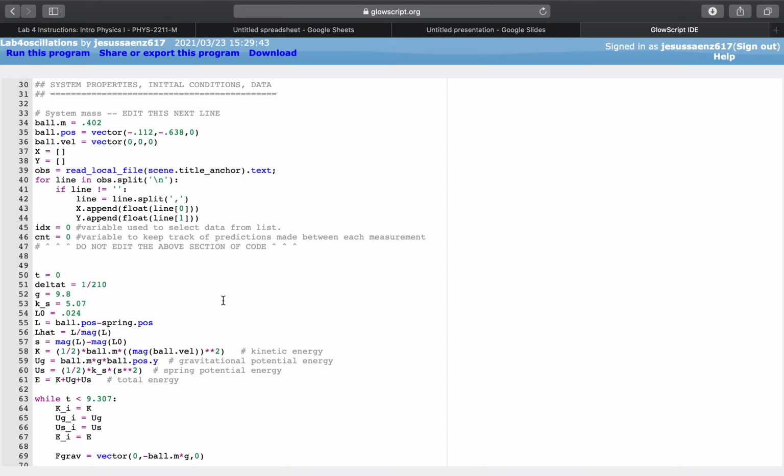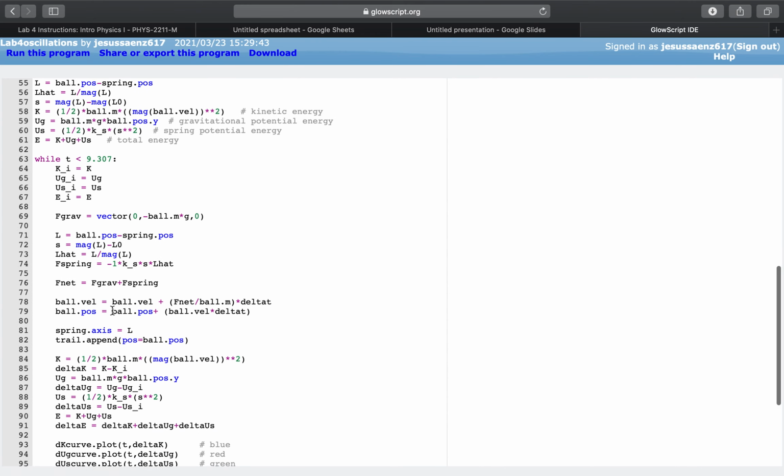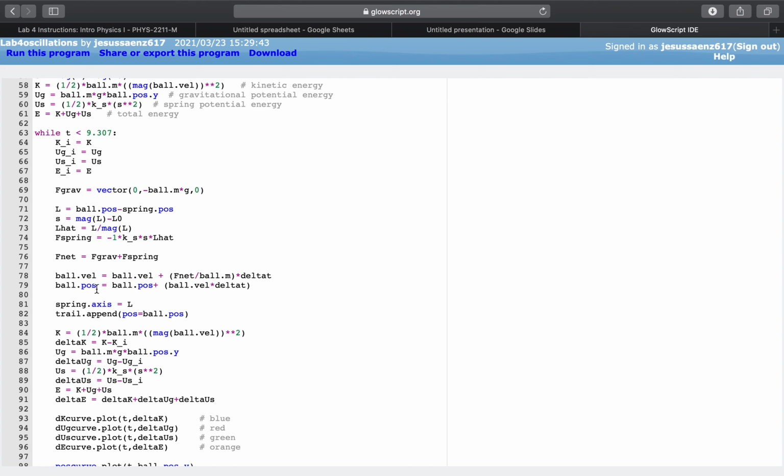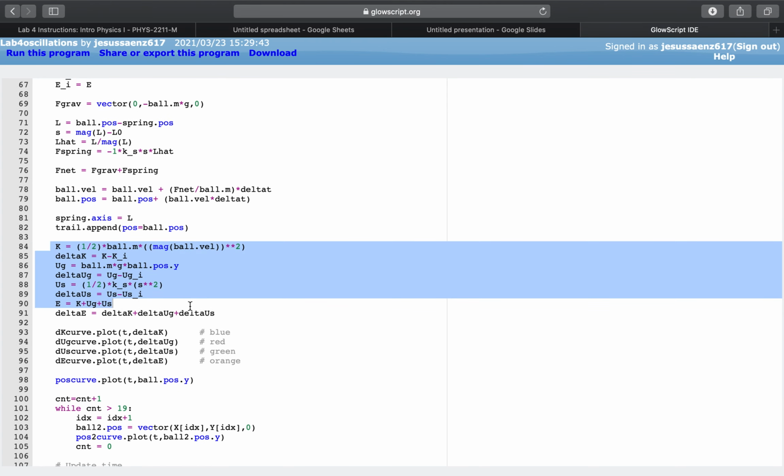In this case, it's 5.07. And then you're going to want to change some of these vector formulas around too, right here. And something really important right here: these are the formulas that I mentioned earlier. So the kinetic energy formula, the potential energy, the change in potential energy, the change in kinetic energy, and then the energy formula and the change in energy formula.